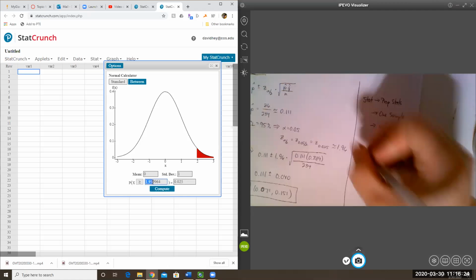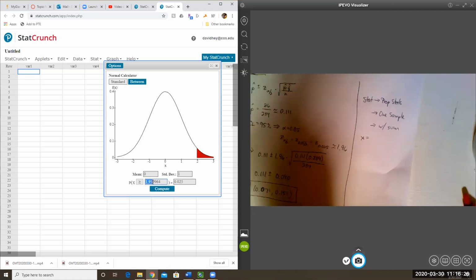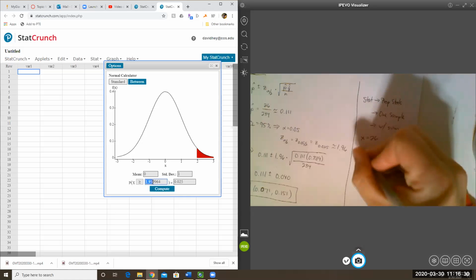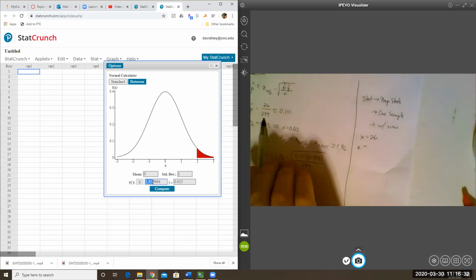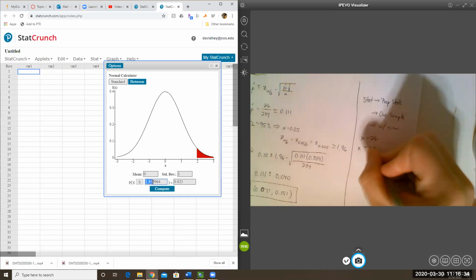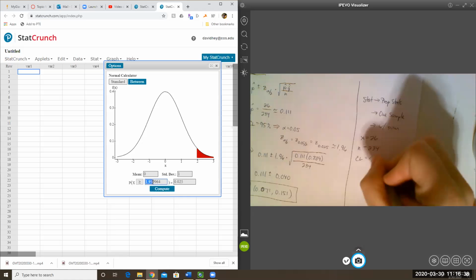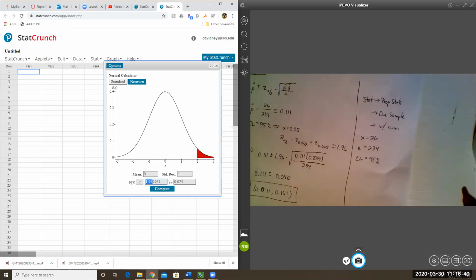Number of successes, we said a second ago, there were 26 of those. Number of trials, we said there were 234 of those. And our confidence level, we said 95%. Okay, let's see what we get.